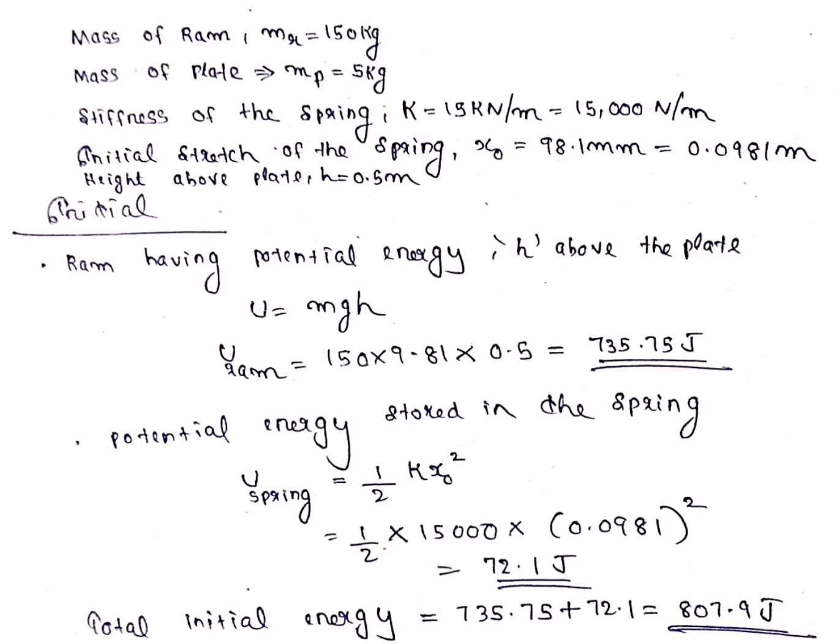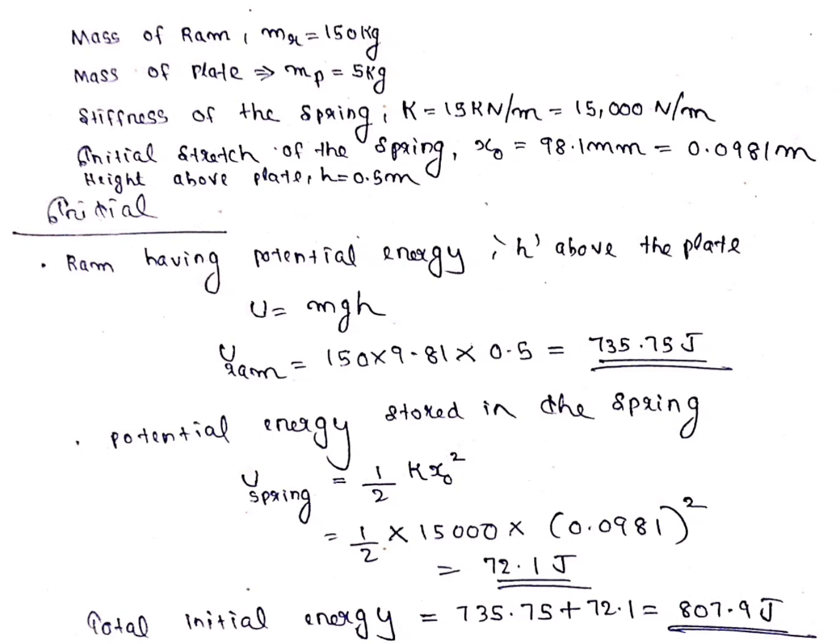So only consider 0.5 meter from the plate, not 1 meter from the ground. The ram has potential energy mgh, where h is the distance between the ram and plate. With mass 150 kilogram, g 9.81, and h 0.5 meter, I finally get the initial potential energy of the ram to be 735.75 joule.